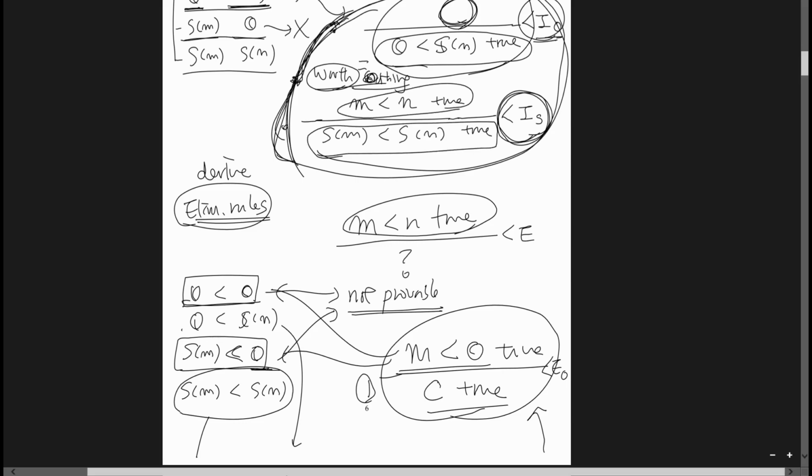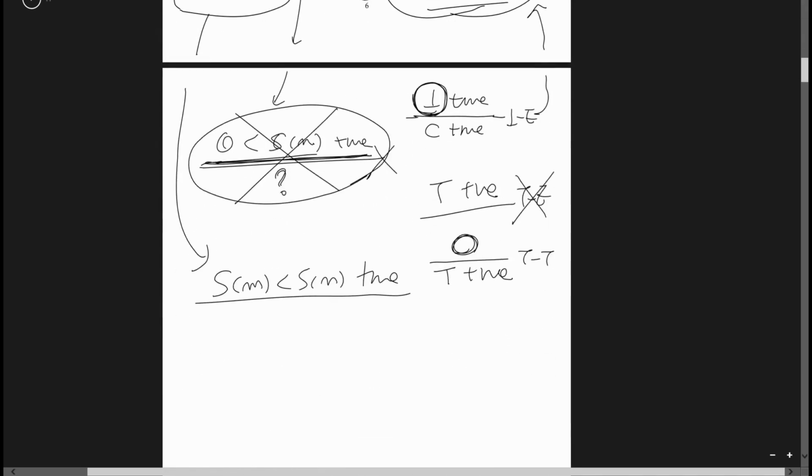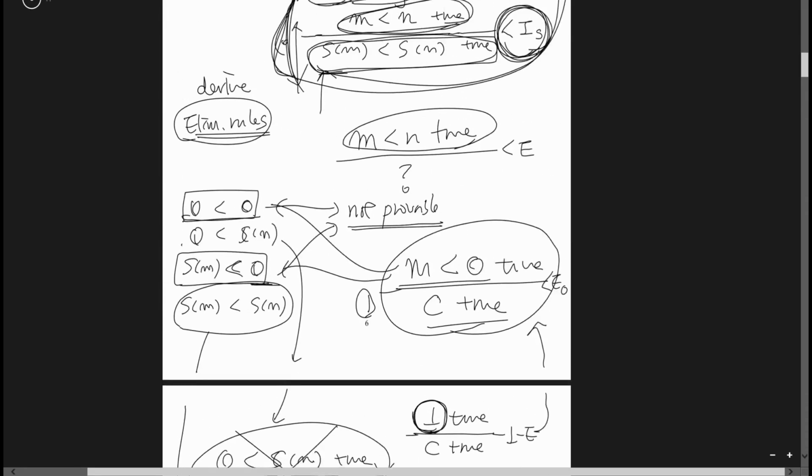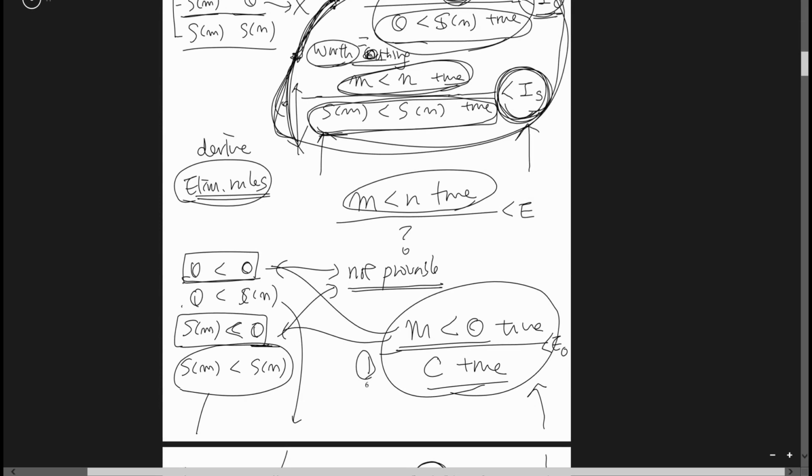So if you start with the judgment in the conclusion, then you can obtain this one. In some sense, you can invert this rule. So this rule allows us to deduce m is less than n true. In other words, you can justify this elimination rule, less than elimination rule successor case. You can justify this inference rule using this introduction rule.